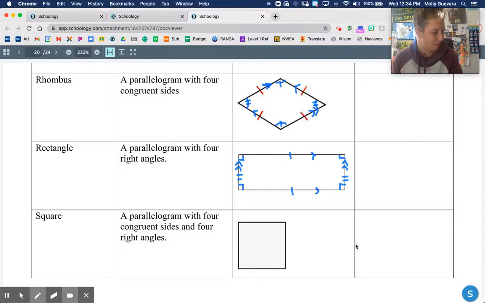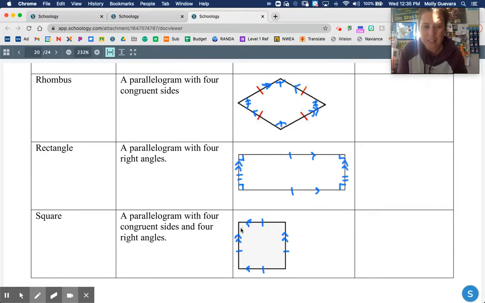And then the last one is a square. A square is a parallelogram. So again, opposite sides are parallel and congruent. The only difference is that all 4 sides are congruent. So all 4 sides are the same, which seems like a rhombus, right?